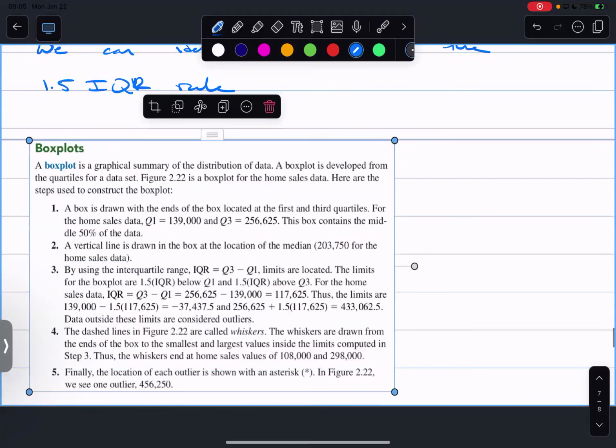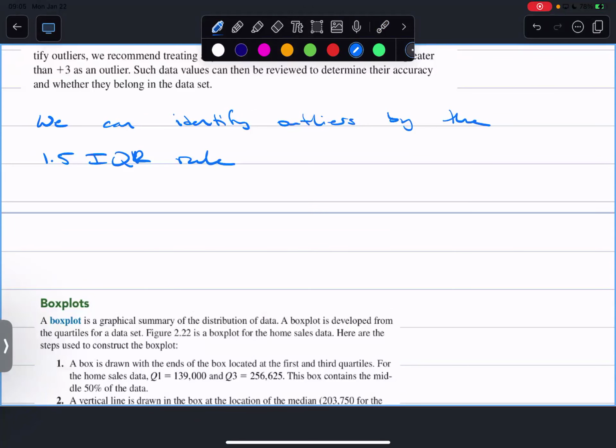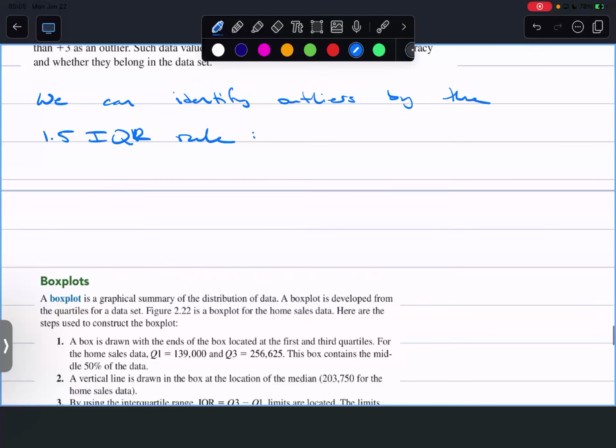Let's see here. Put it down here. The 1.5 IQR rule says that we're going to have some lower bound, which is going to be Q1 minus 1.5 times the interquartile range. I'll highlight the minus because I want to move down from Q1, right?